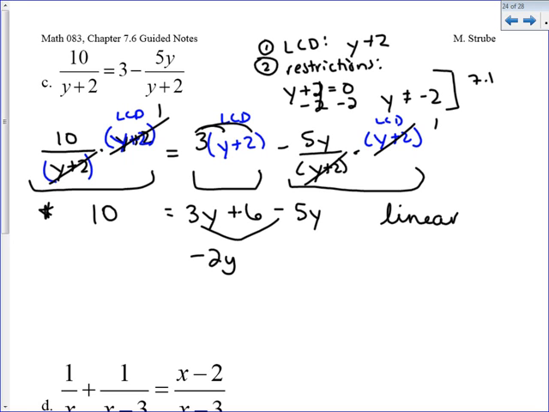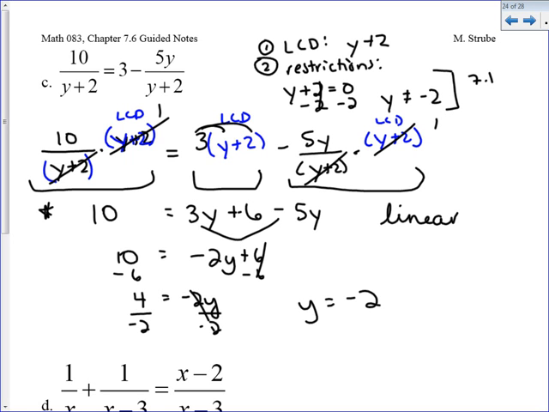So it's going to be negative 2y plus 6 equals 10. My y's are all on the right side, so I'm just going to move my numbers over to the left. Subtract 6. So I have 4 equals negative 2y. And divide by negative 2. And I get y equals negative 2.